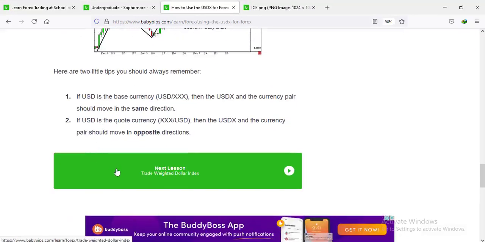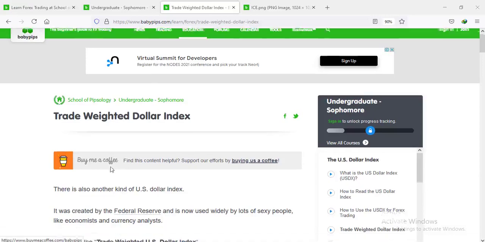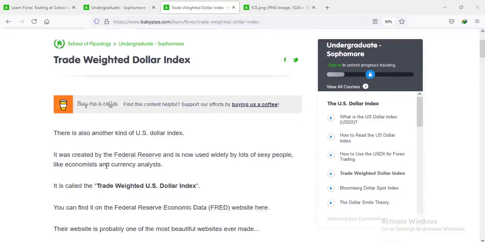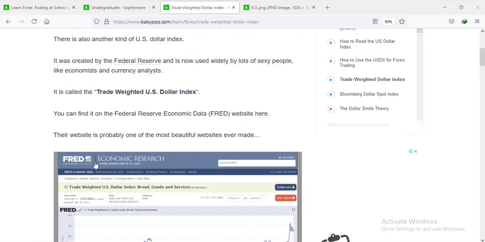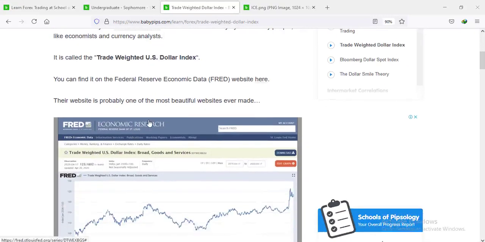Now the next lesson to talk about is trade weighted dollar index. So here we are on trade weighted dollar index. It is created by the Federal Reserve and is now widely used by most people. It is called trade weighted US dollar index, and there's actually no particular website you can find it, but it is here.